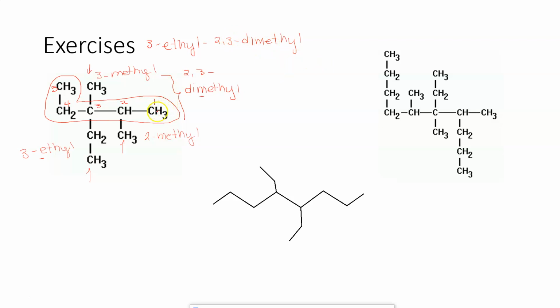And then I have to name the longest chain, which contains five carbons. So this is pentane. And remember, between the last substituent and the main chain, we do not add any hyphen, comma, or anything, right? So this one here is a 3-ethyl-2,3-dimethylpentane. Okay?